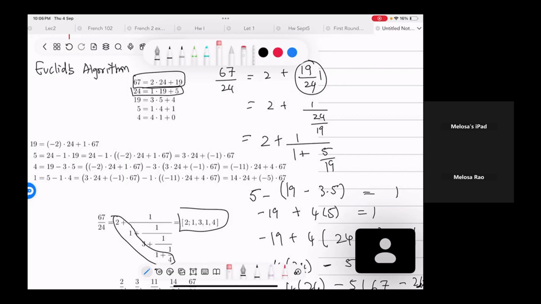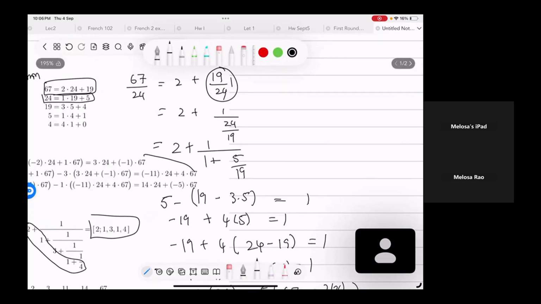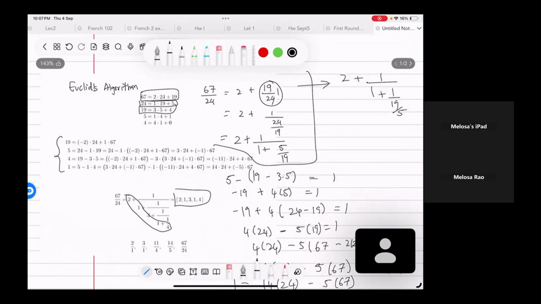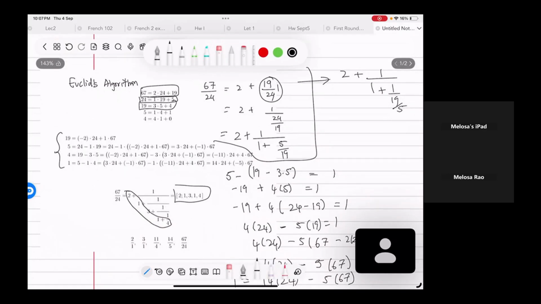Then again, rewrite this as 1 plus 1 over 19 over 5. And then use the third equation. All right, 19 over 5 is 3 plus 4 over 5.